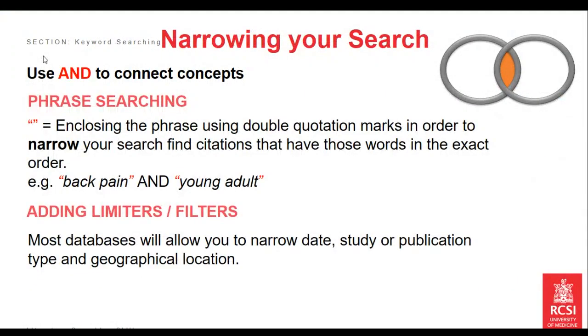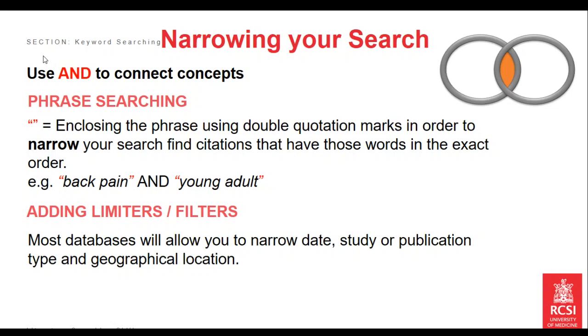Then there's the other option that a lot of databases will allow you to narrow by certain limiters. When you do a search in PubMed or in any other database, usually on the left-hand side, it'll allow you to pick a date range. So your PI might ask you to just look at papers about back pain in young people from the last 10 years to see are there any recent drugs.